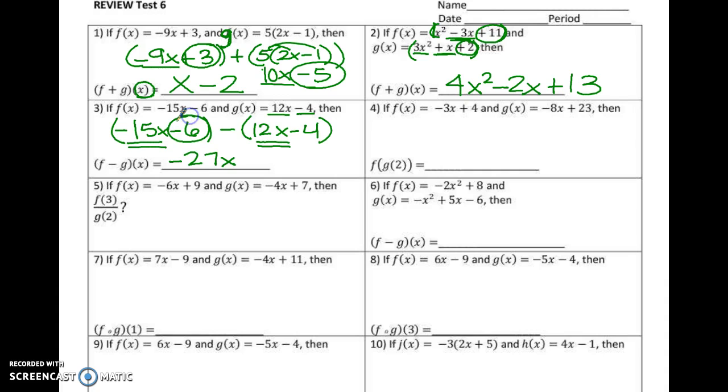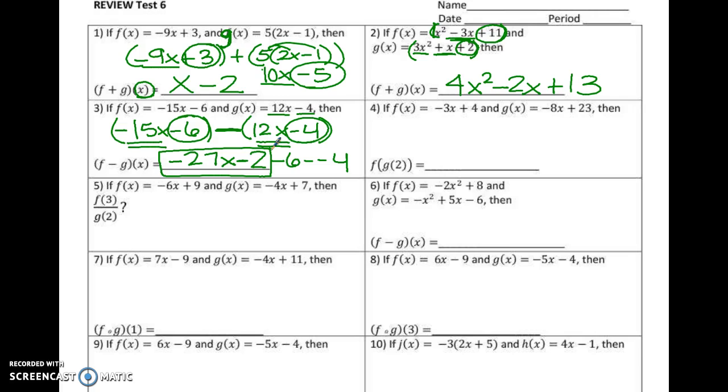Negative 6 subtract negative 4. It's negative 6 subtract negative 4, and that gives you negative 2. So this is what you would have if you are subtracting the two functions from each other.